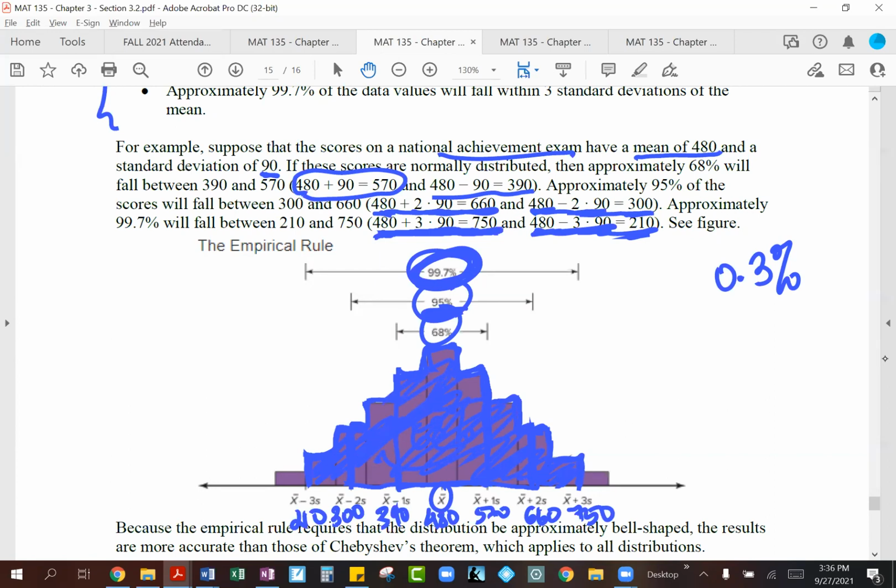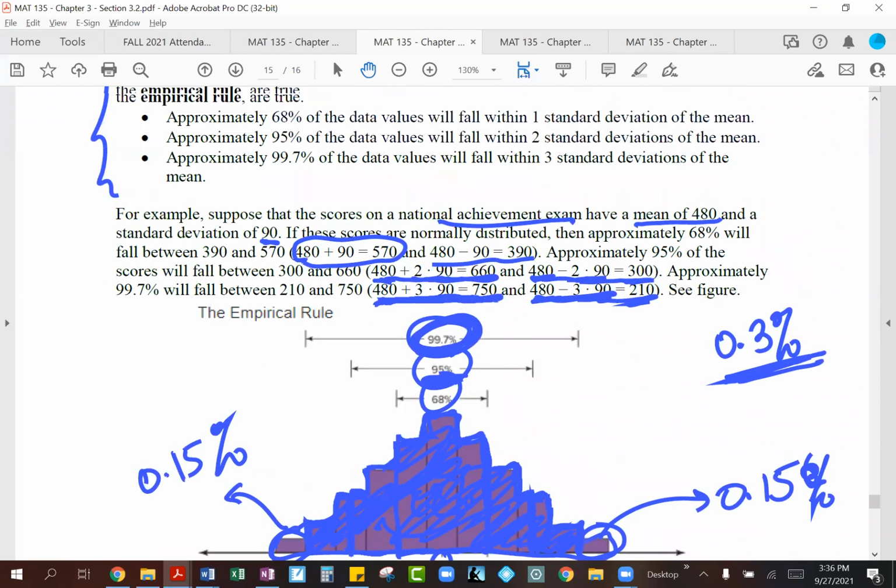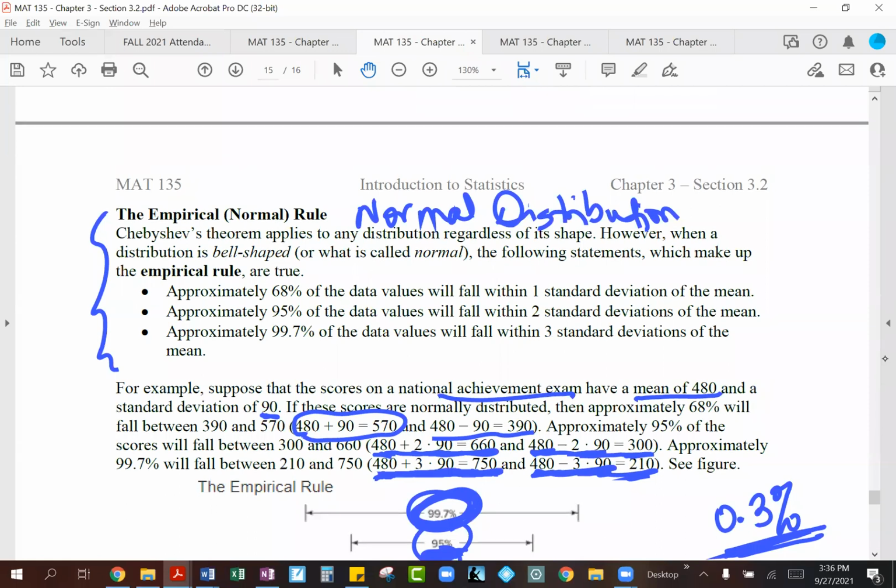So imagine these little tails that we have left, they add up to 0.3%, which means this little tail here is 0.15%. And this little tail over here is 0.15%. So together, all of these make up your 100% of the data set. So this is the same breakdown we talk about in normal distribution.